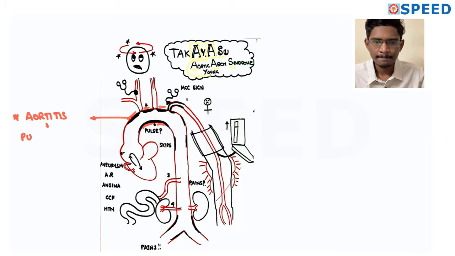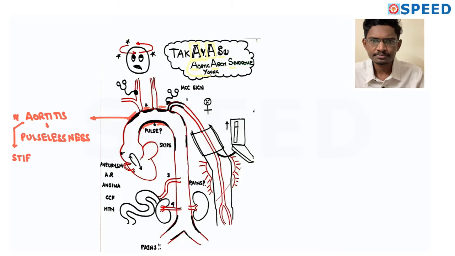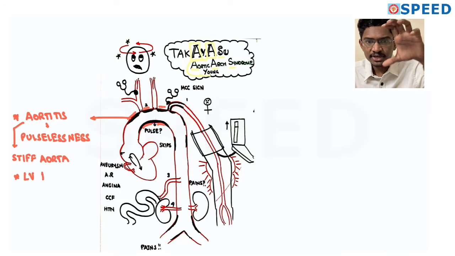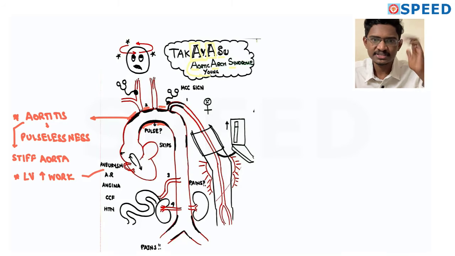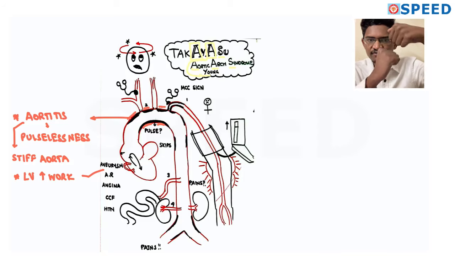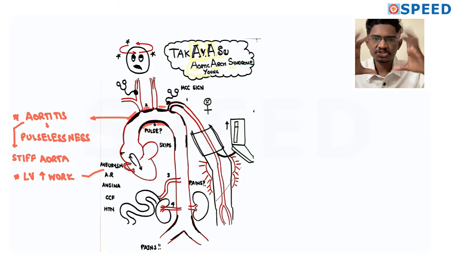So what happens here? The aortic arch is getting inflamed more, so the aorta is getting stiffened. The aorta's basic action is to have that diastolic pulse by causing the Windkessel effect, by the elastic stretch causing the forward propulsion of the blood column.